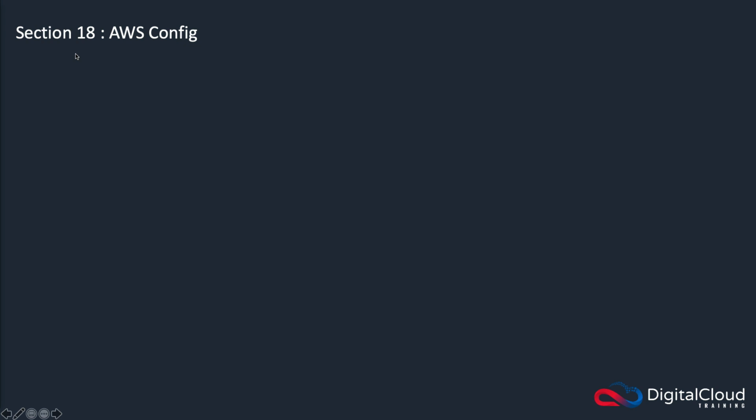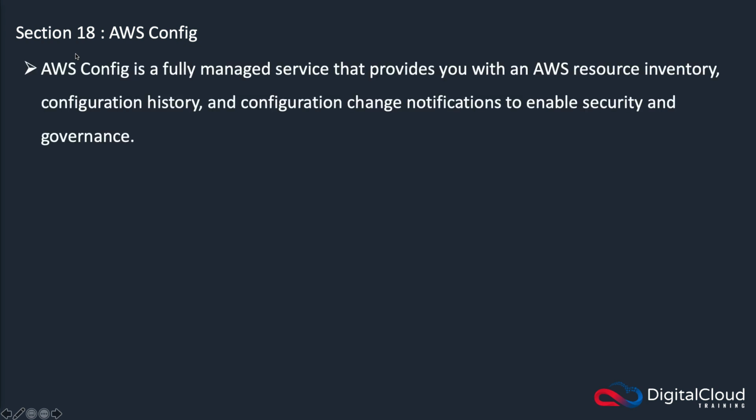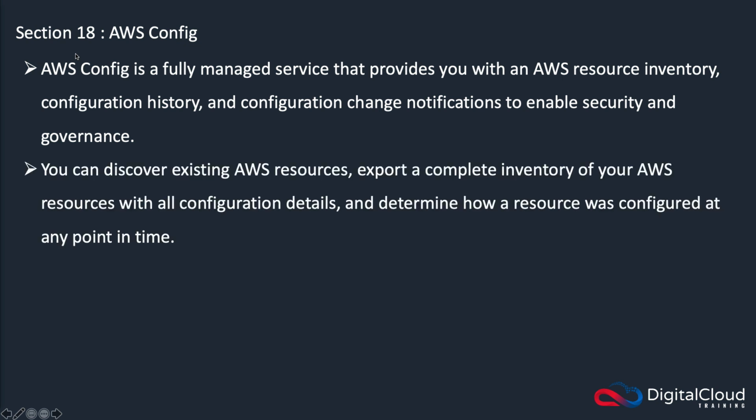So a bit more background on Config. Config's a fully managed service that provides you with an AWS resource inventory, configuration history, and configuration change notifications for security and governance. So you can discover existing resources, export a complete inventory of your resources with all configuration details, and also determine how a resource was configured at any point in time.